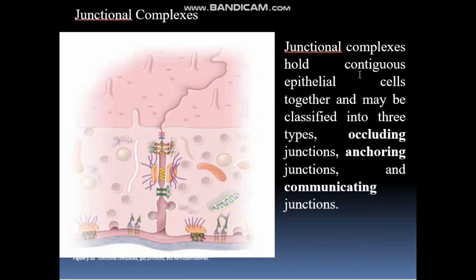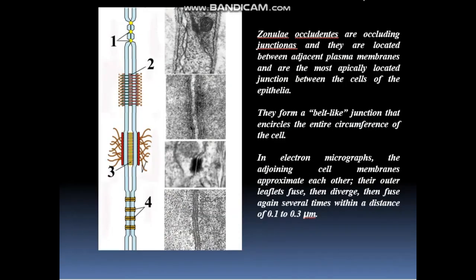So these are continuous epithelial cells, held together via these intercellular junctional complexes. Here we can distinguish occluding junctions, which are located more apically, then anchoring junctions, which are located basally, near the basal part. Then we have communicating junctions. Now we will focus on each of these types of junctional complexes.